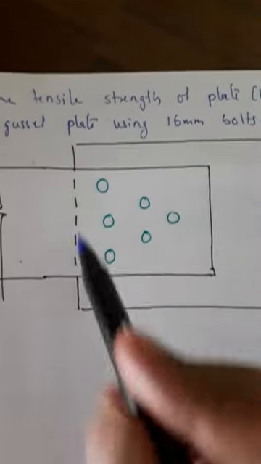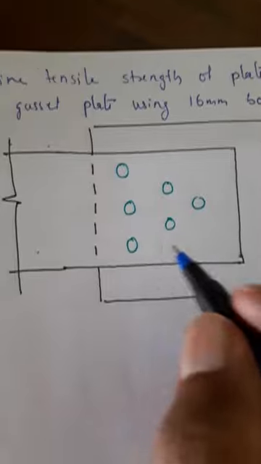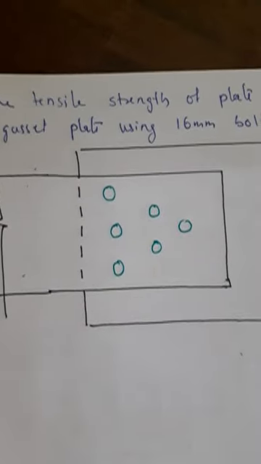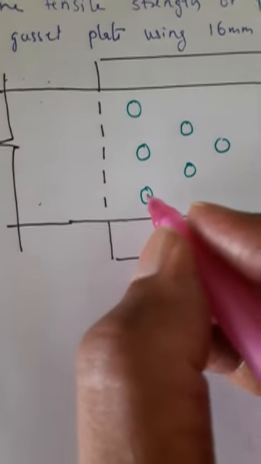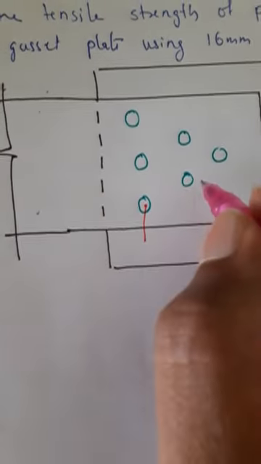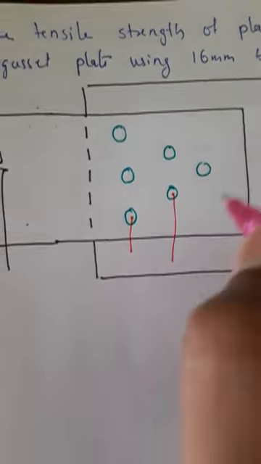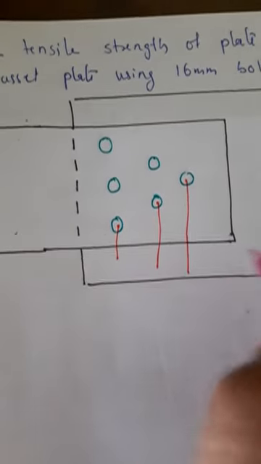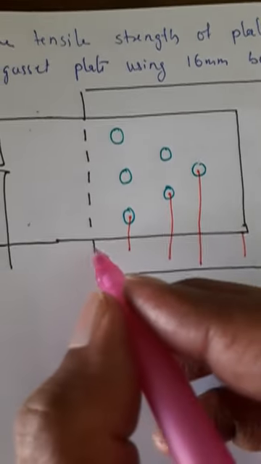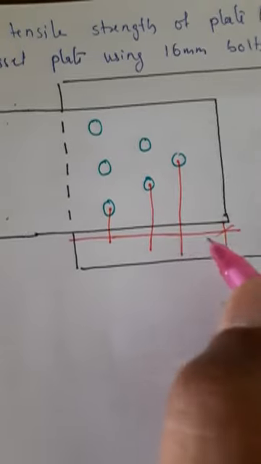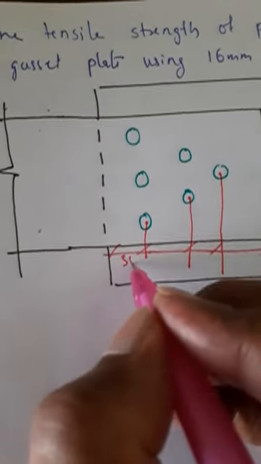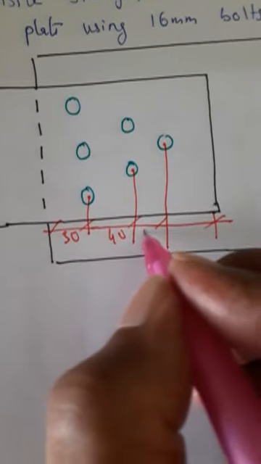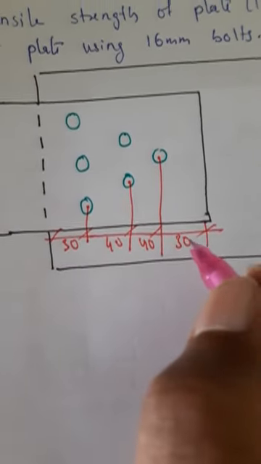Now this is the diagram given. So these dimensions will be given from here, bolt center, so this is 30, 40, 40, 30.